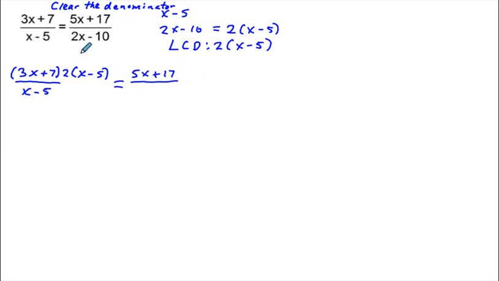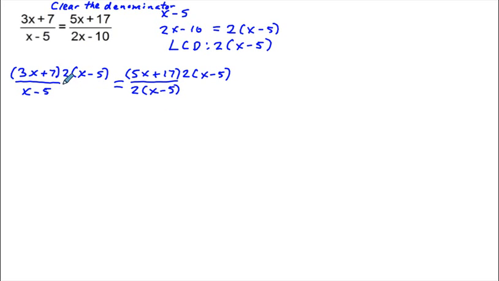over, now we have 2x minus 10, but I'm going to write this in factored form. We factored our 2 times quantity x minus 5. And I'm going to multiply this expression on the right by the least common denominator, which is 2 times quantity x minus 5.